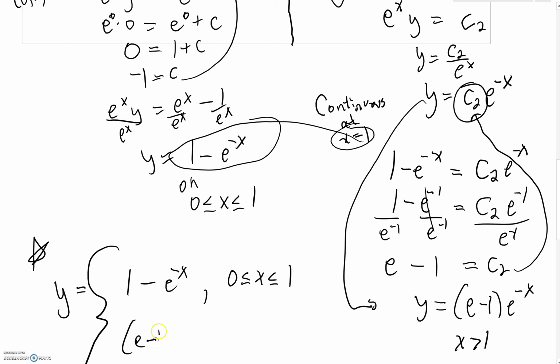We just came up with this other solution right here, and that's going to be true if x is greater than 1. Of course, to be continuous, when you plug in a 1 in either of those assignments, they must be equal. And that wraps up 2.3, Day 2.